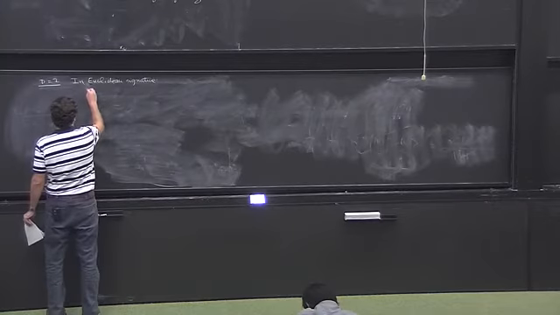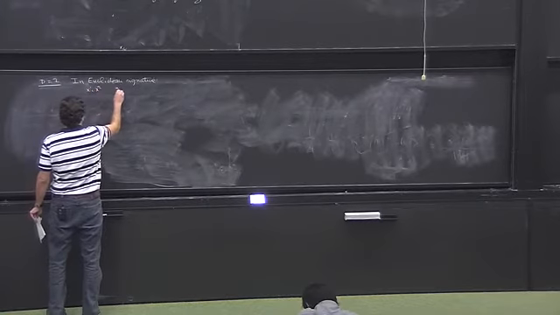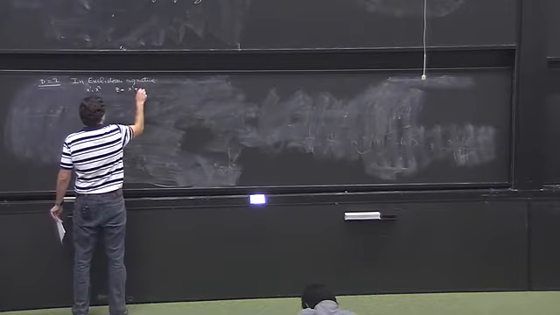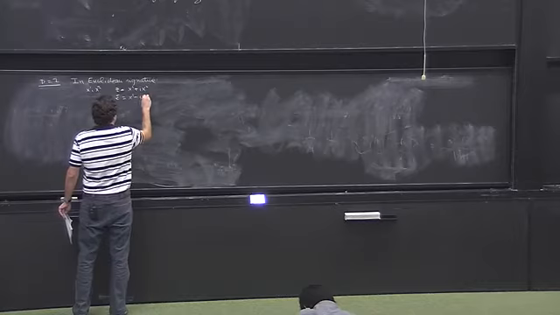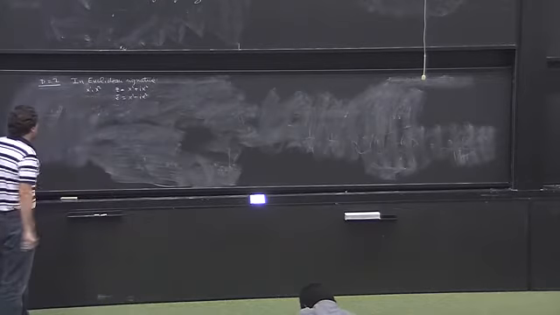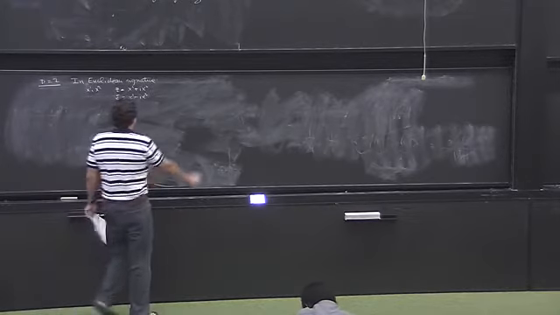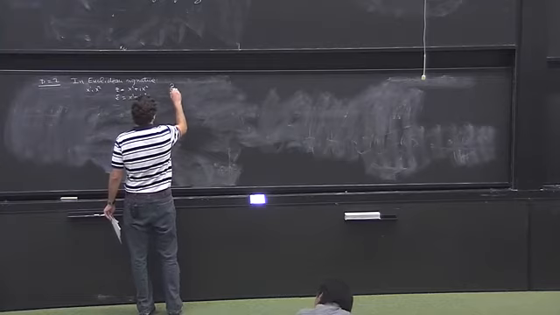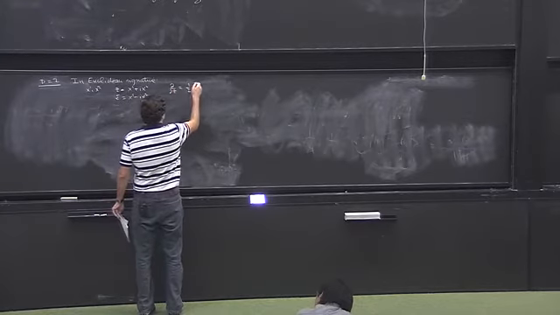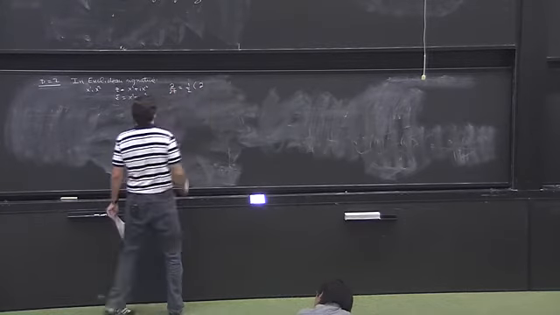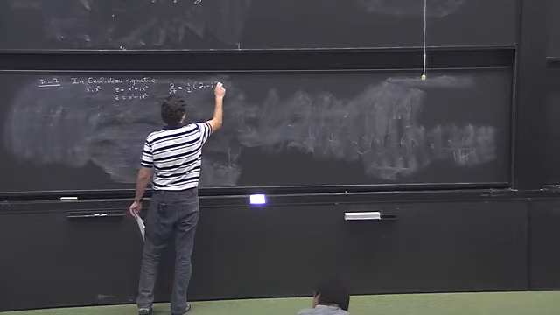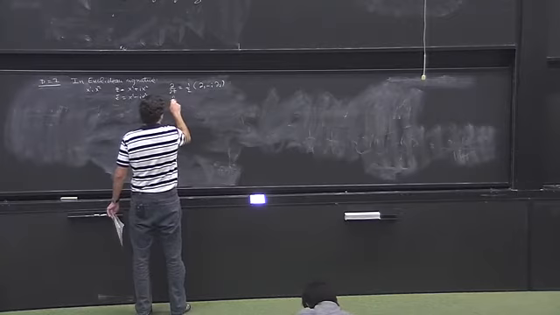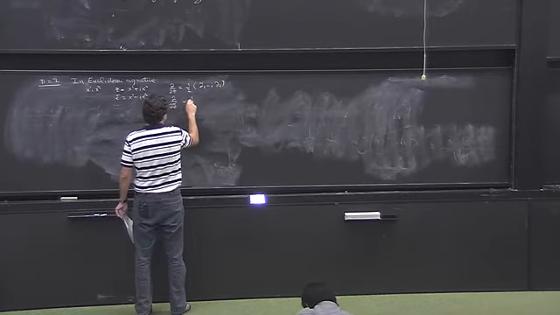So we will combine our coordinates x1 and x2 into complex coordinates, z equals x1 plus i x2, and z bar equals x1 minus i x2. We will define then the derivative operators, so this will be this.